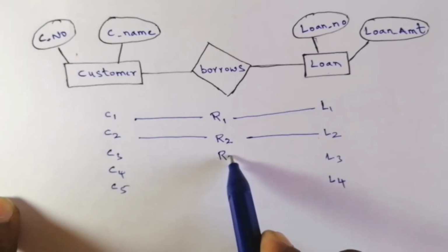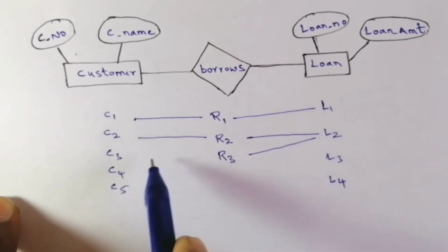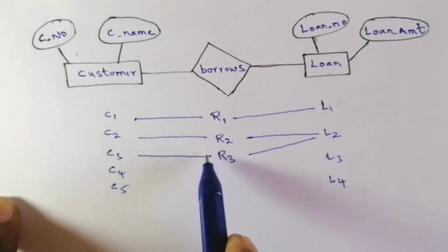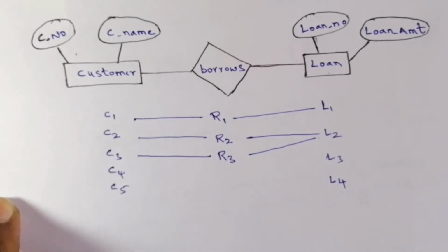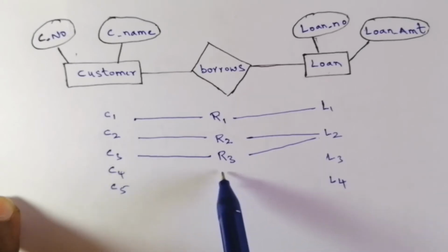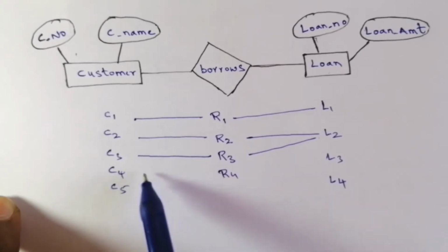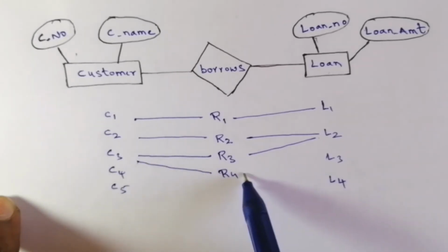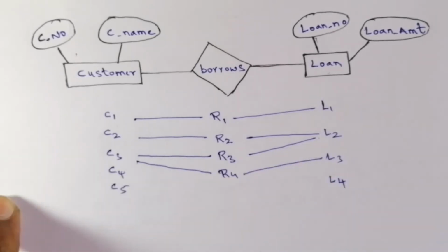L2 joint loan is taken by C2 and C3, right? And also C3 is going to take another loan, L3. So this is our business case.